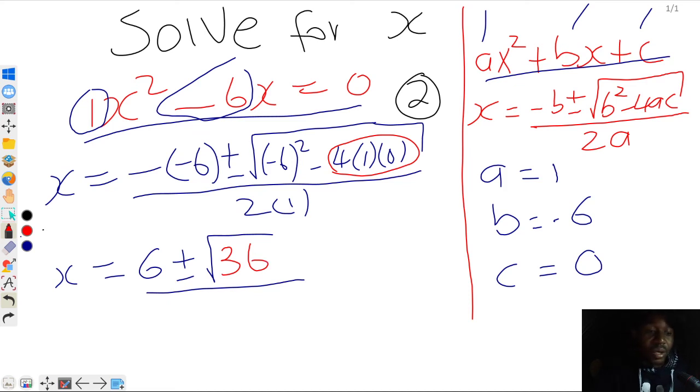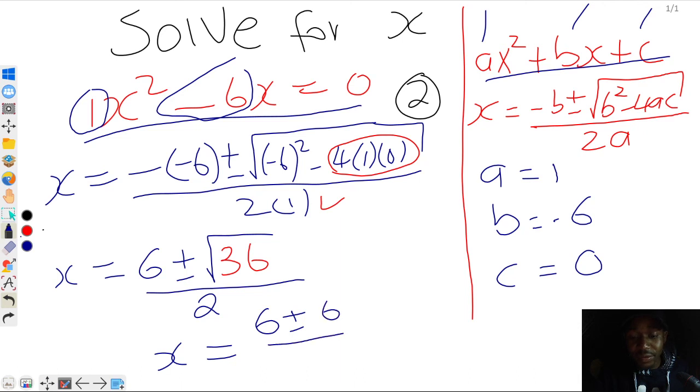Under the denominator we have 2 multiplied by 1, which is 2. Punch that in the calculator, and you find that it is 6 plus or minus 6, divided by 2.